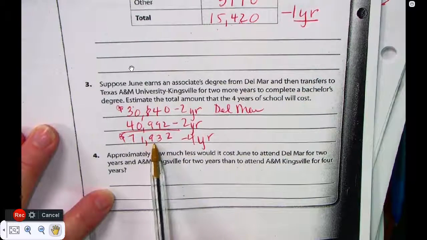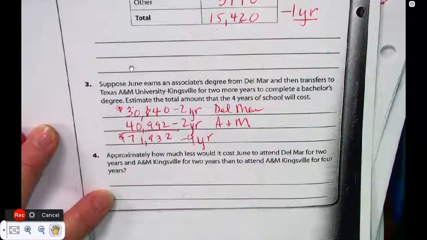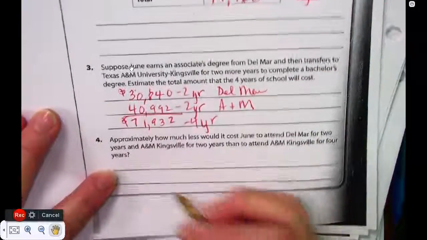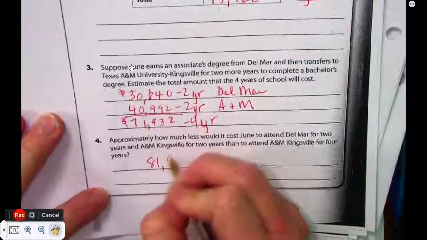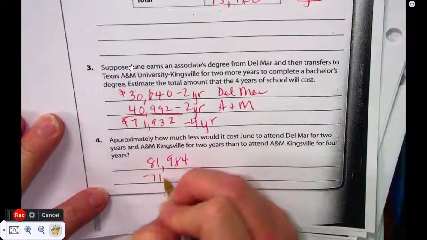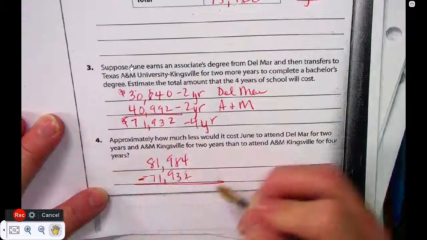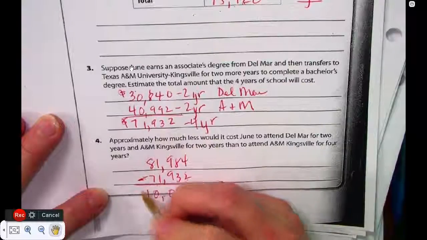Okay. So that's what it's going to cost to go 4 years, Del Mar and then A&M. Well, what was 4 years total at A&M? $81,984. Good. So if I subtract that, I'm going to find out how much money she's going to save doing that other plan.